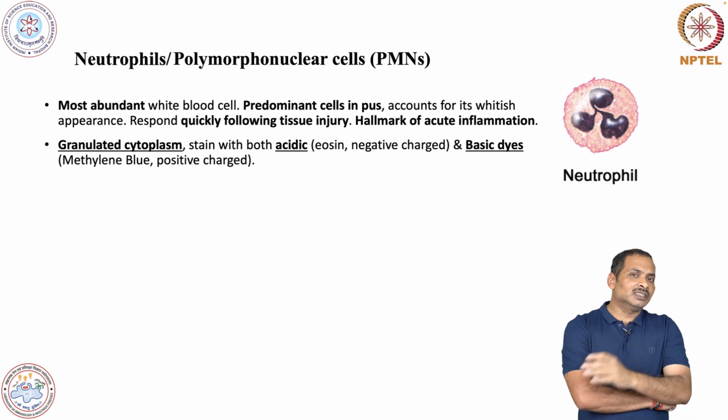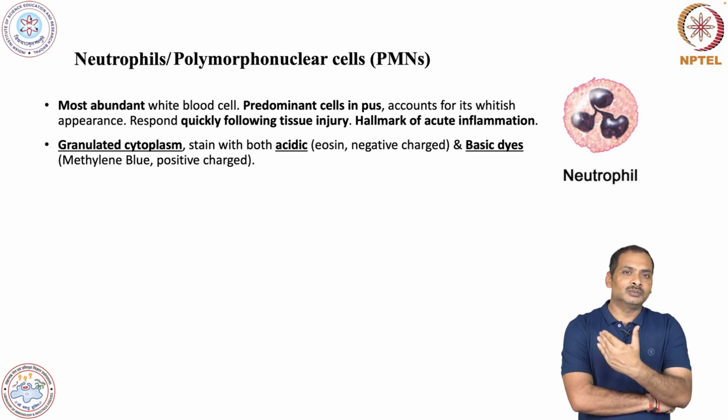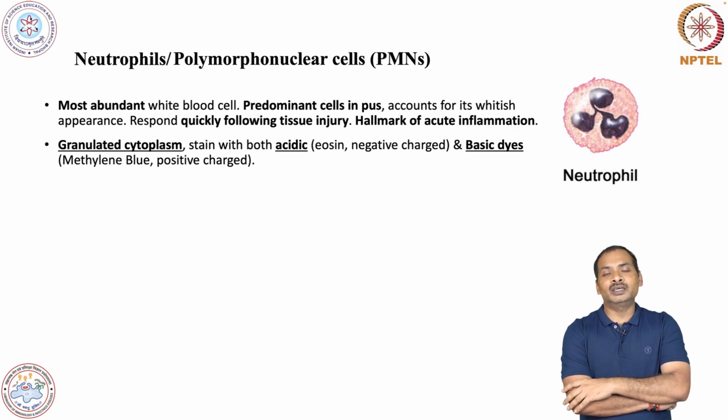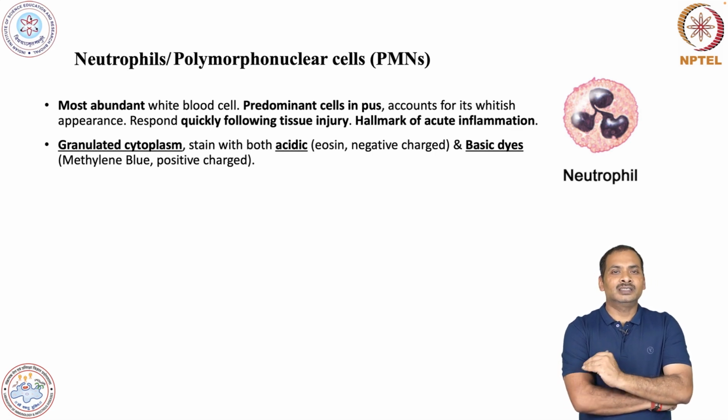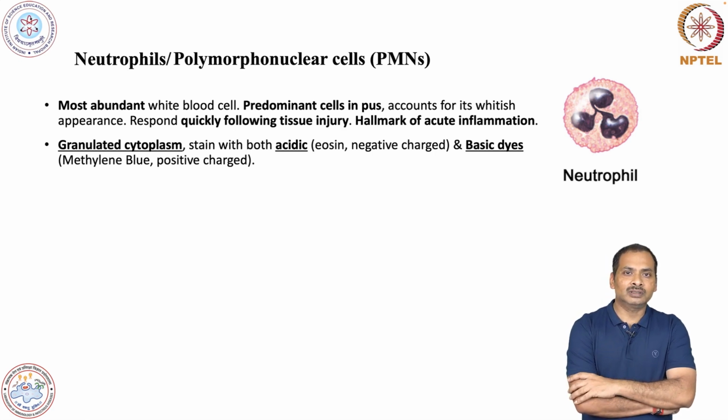That is why these cells are called neutrophils. Some cells are stained by the acidic dye and some by the basic dye, and on that basis the names were given.